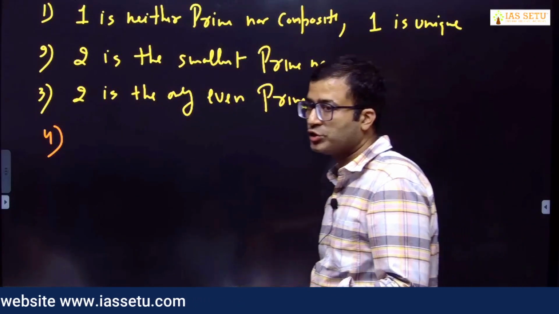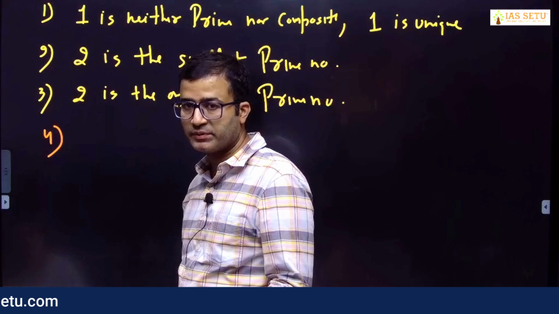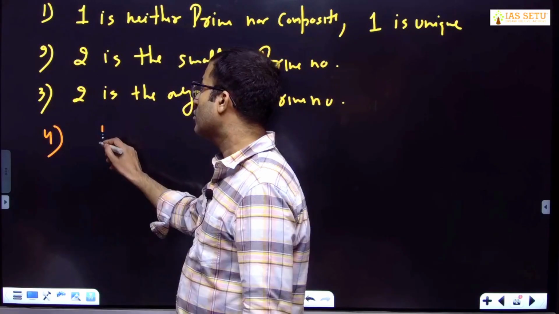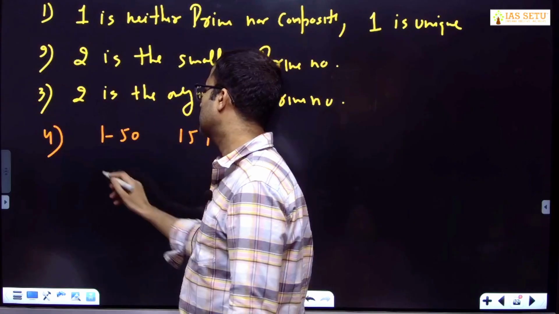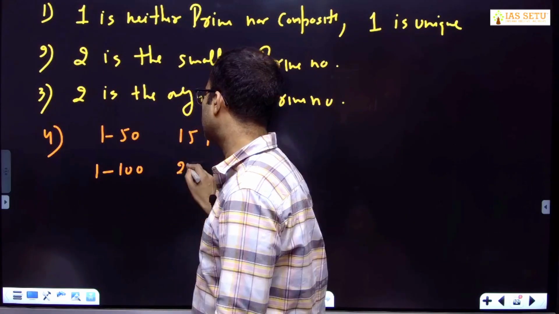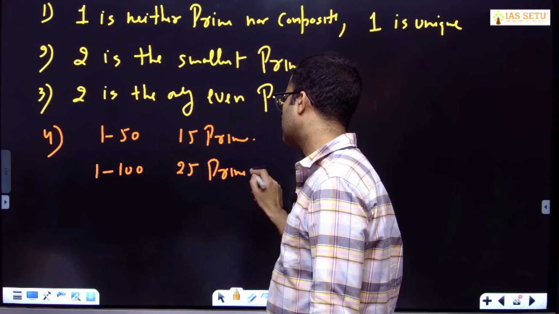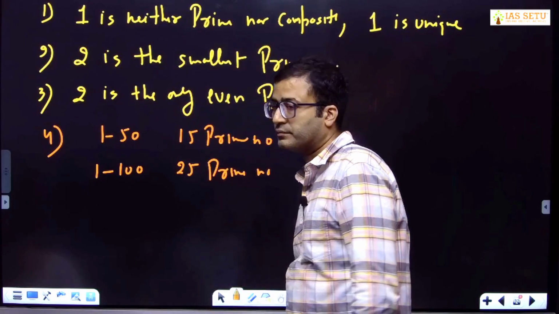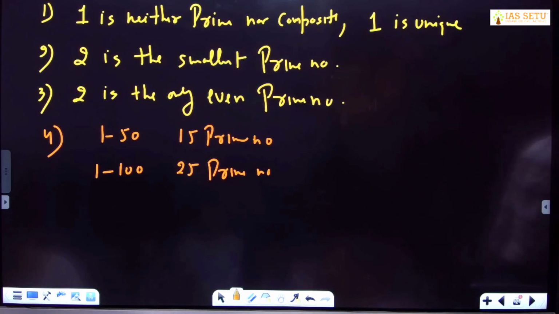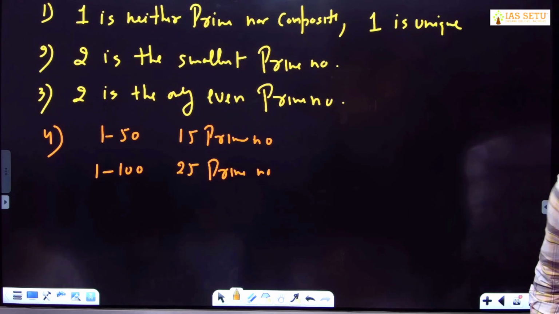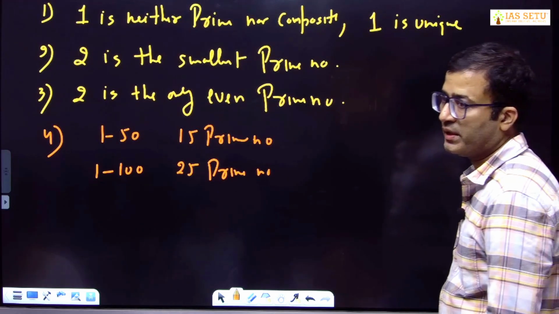Now I give you one factual piece of information, and it has been asked directly or indirectly. From 1 to 50 there are 15 prime numbers. From 1 to 100 there are 25 prime numbers.